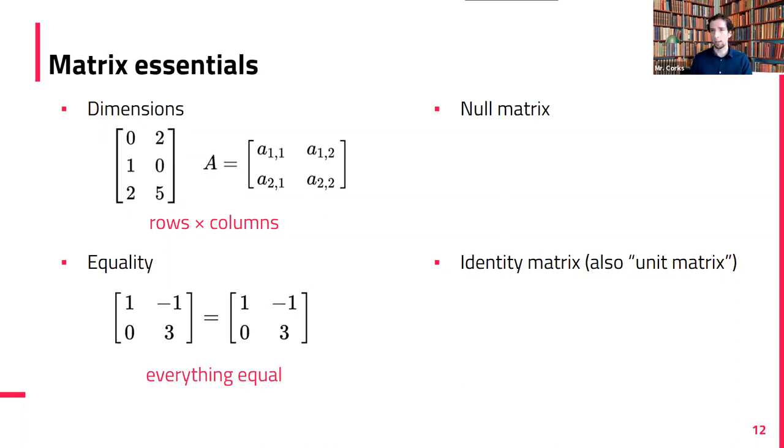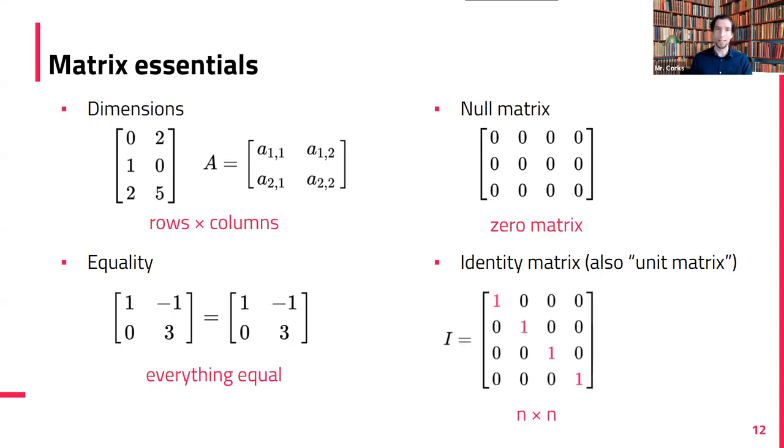Null matrix, what does that look like? Components are 0. Okay, everything's 0, and it can be any size at all. And an identity matrix, what do we know about that? On the main diagonal, we have 1, and it's a square. Right, so it is a square matrix.